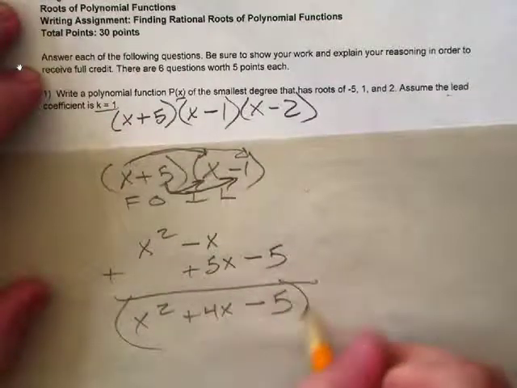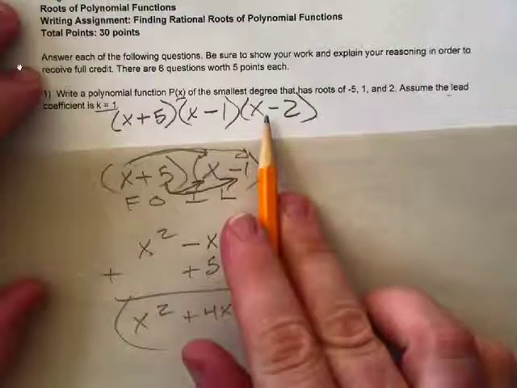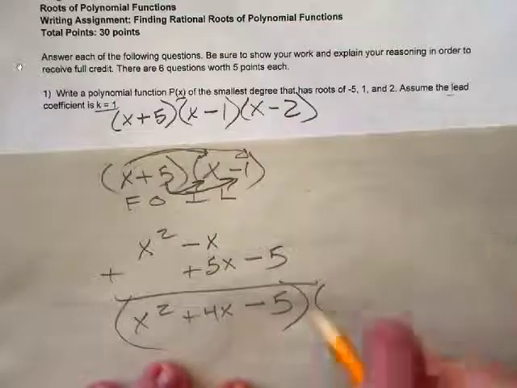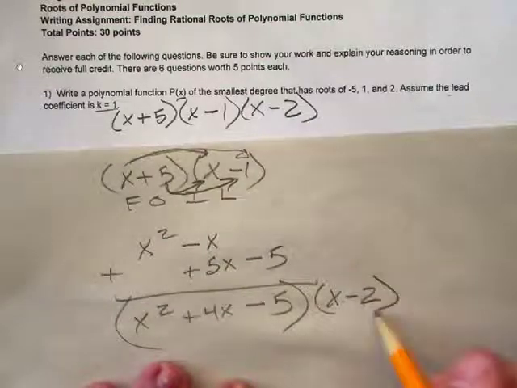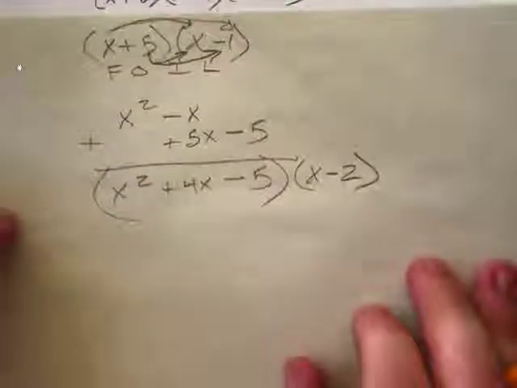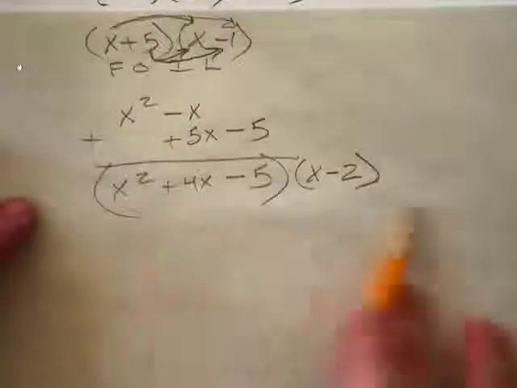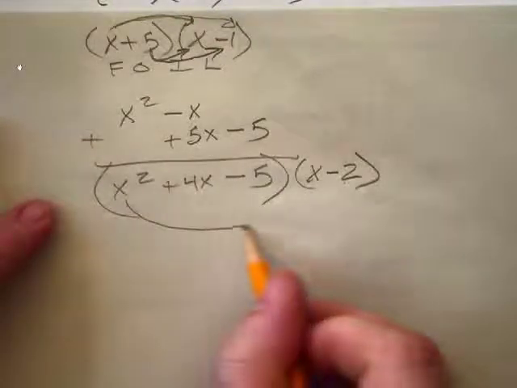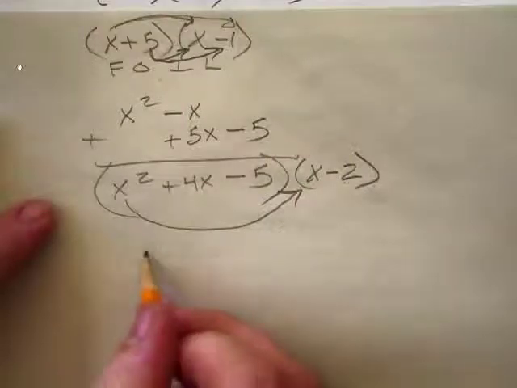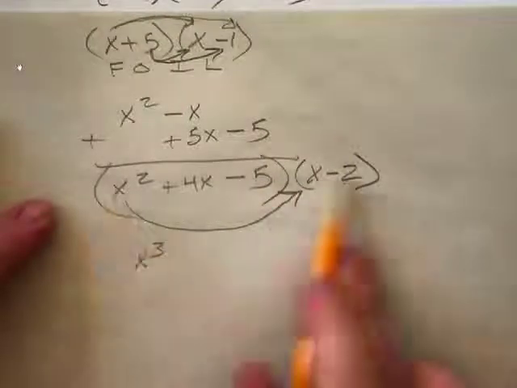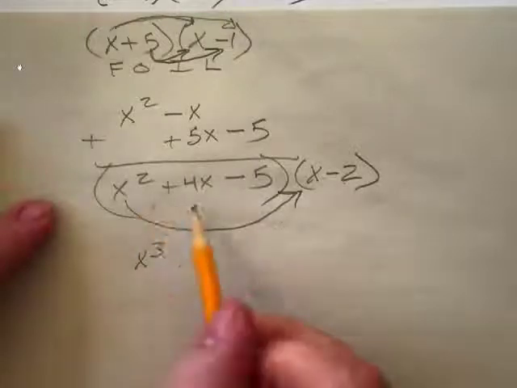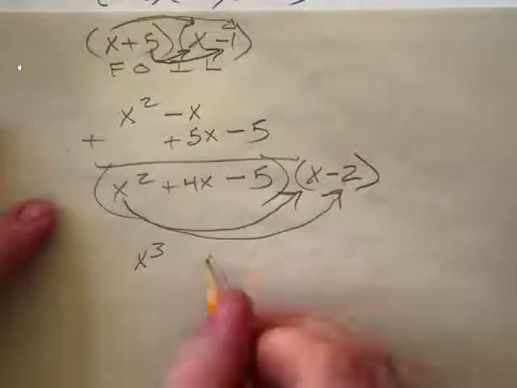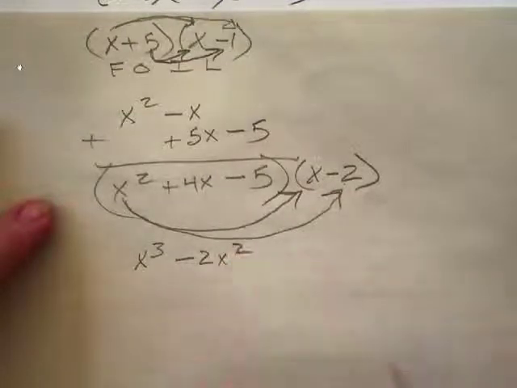Then we're not done yet because we still have that last number, x minus 2, and we need to remember to plug that in as well. Now we can't really do the FOIL method, but it's still the same basic thing. First one times the first one, you get x cubed, because x squared times x is x cubed. Then the first one times the last one is minus 2x squared.